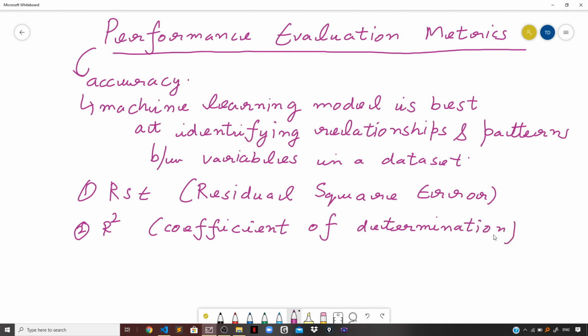In the previous videos, we had discussed the regression equation for simple linear regression, which is of the form y = m0 + m1x + some error element. No matter how performant your machine learning model is, there is always an error element associated with it, which you cannot get rid of completely.